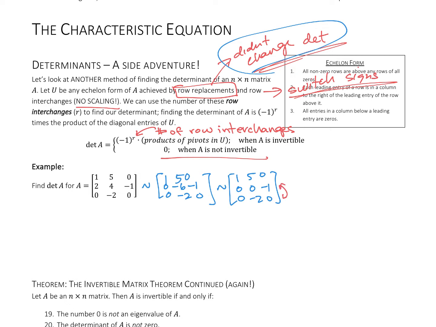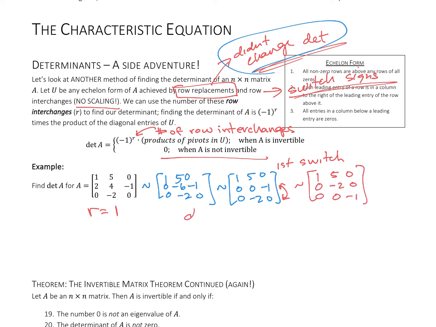Now here's where we end up with a switch, which means I have had 1 row interchange. So far, R is equal to 1. So here's our first switch, and this switch gets us to a triangular matrix, so I don't need to go any further.